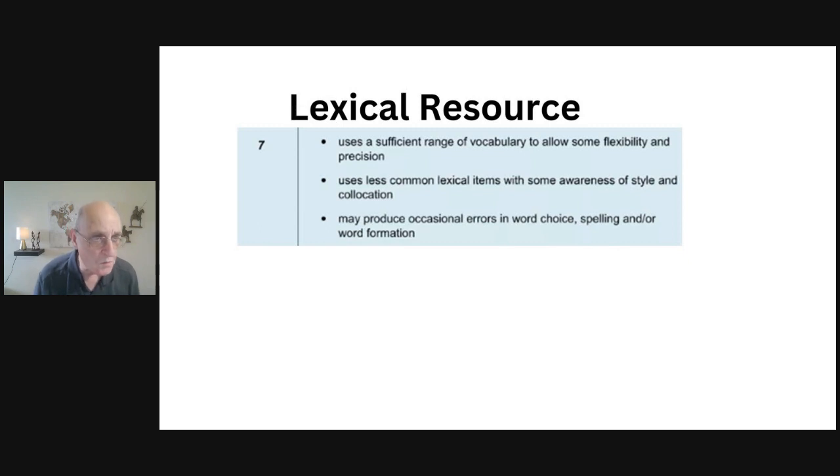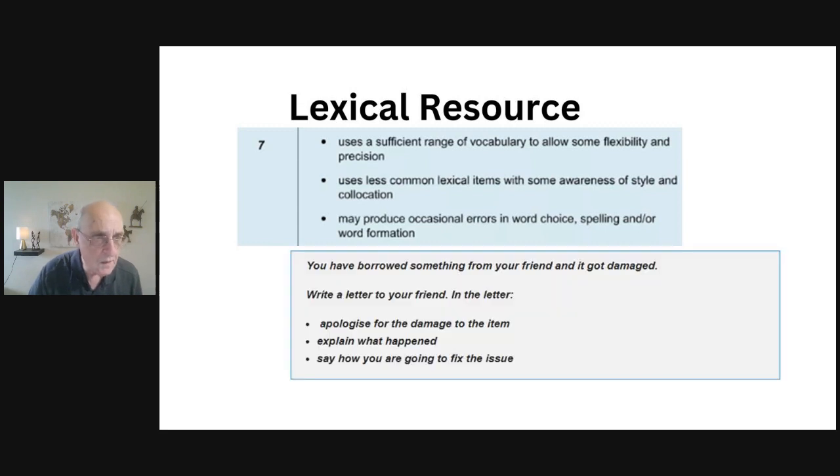And this also means that you're maintaining the right tone. And tone means informal or formal. And we're looking at a very informal. We're writing a letter to a friend. So if you include formal vocabulary in your letter to a friend, you will lose marks no matter how good the vocabulary is.